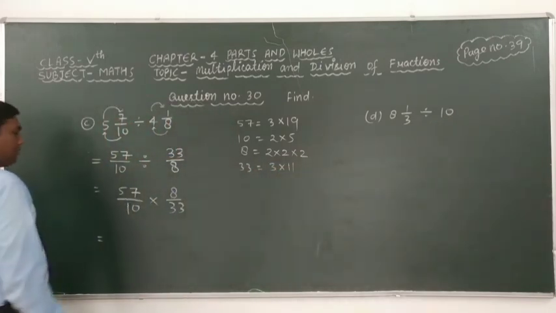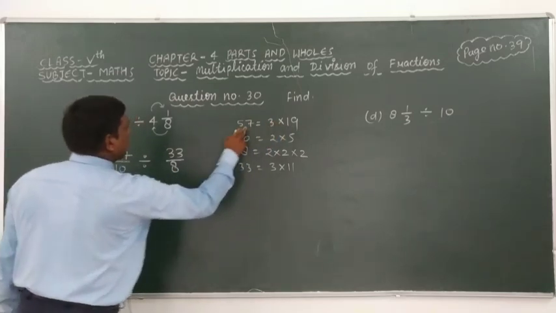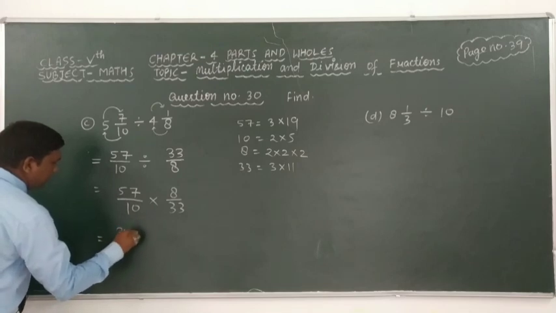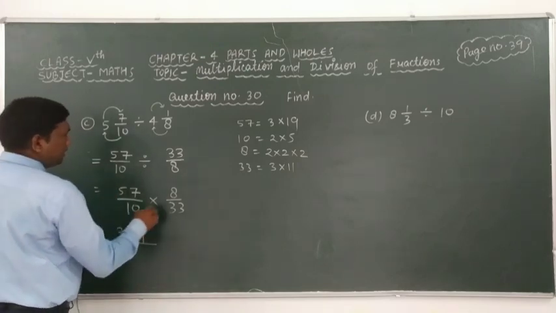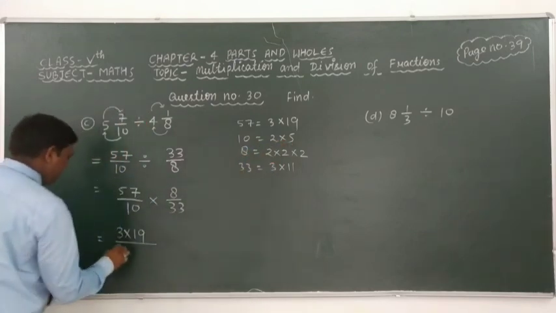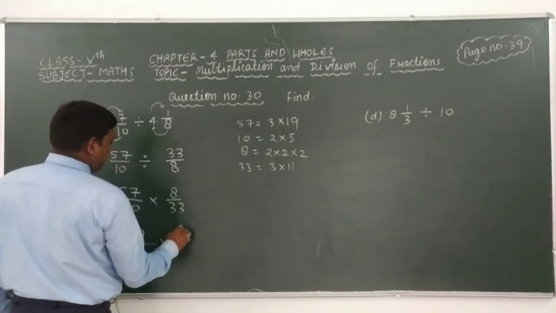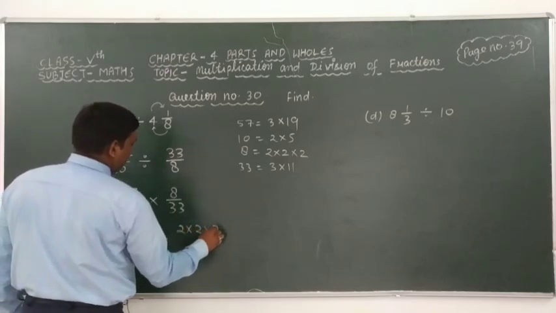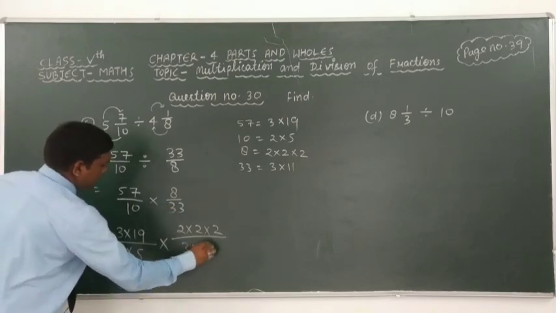Okay, so therefore here we can write 3 multiplied by 19 in place of 57. Here we can write 2 multiplied by 5 in place of 10, and here we can write 2 into 2 into 2 divided by 3 multiplied by 11.